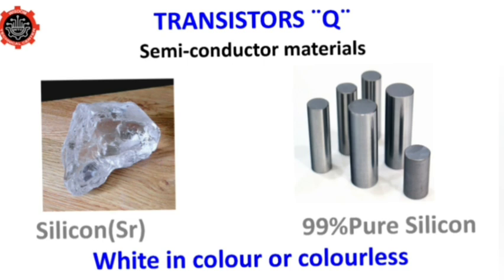It is white in color or sometimes colorless, and it is abundantly found in sand and quartz agates, and can be chemically reduced to pure silicon in solid state, and it is the most commonly used semiconductor material.